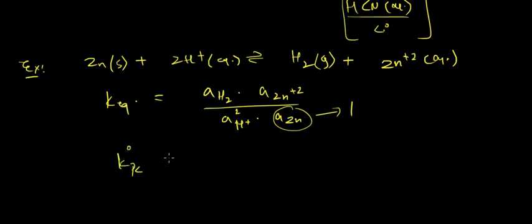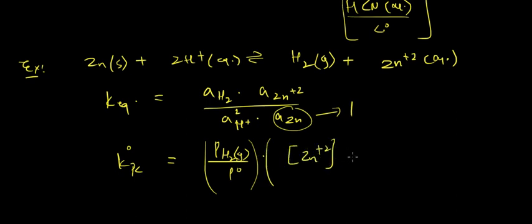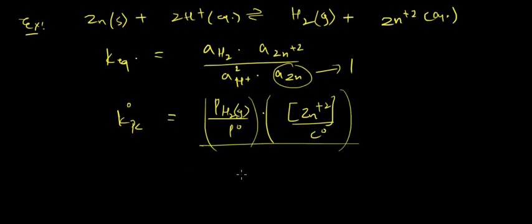And Kpc naught would be nothing but pressure of H2(g) divided by P naught, which is standard pressure, multiplied with concentration of zinc plus 2 divided by C naught, then we divide this with concentration of H plus over C naught and square it.